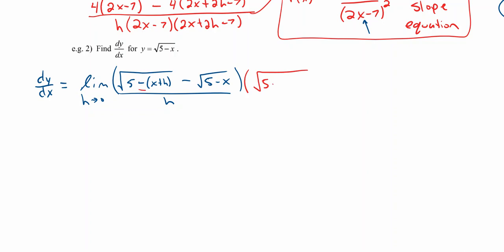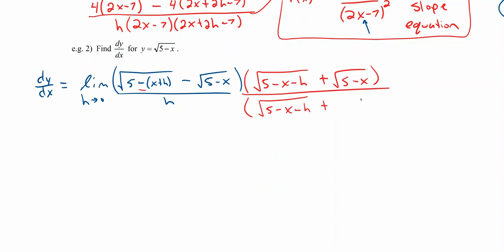So that'd be 5 minus x minus h plus, right, the conjugate pair, the square root of 5 minus x. And then same on the bottom: the square root of 5 minus x minus h plus the square root of 5 minus x. Okay. And then since these are conjugate pairs, right, I only really have to think about multiplying the first two terms and the last two terms because I know the middle terms are going to cancel, right, which is nice.